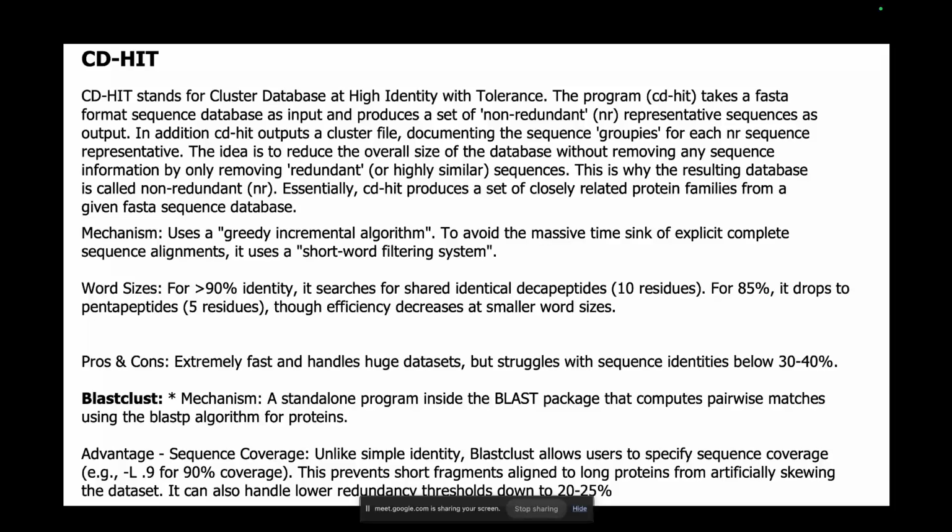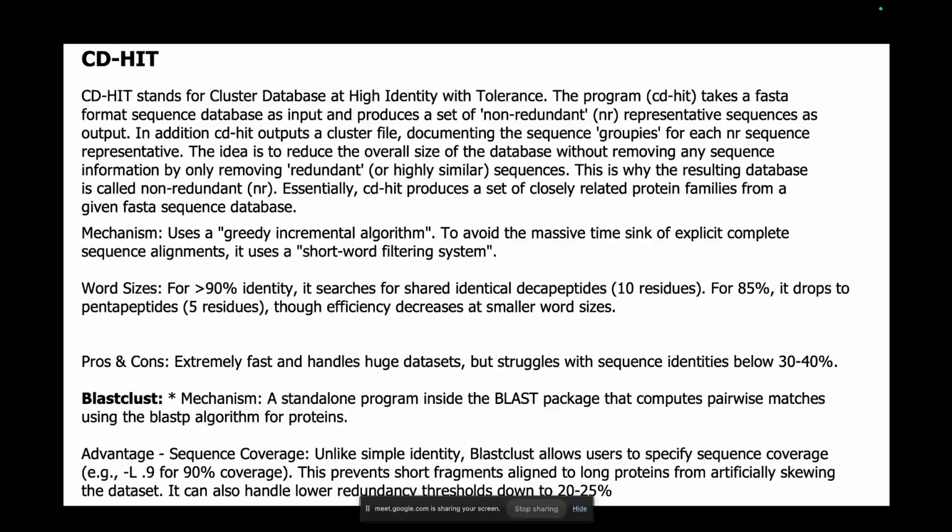For 85% the peptide length drops to 5, and if the sequence similarity drops further it will check for a lower number of residues as well. So it is good for large datasets, but it struggles if the sequence similarity is below a certain threshold of 30 or 40%, right?